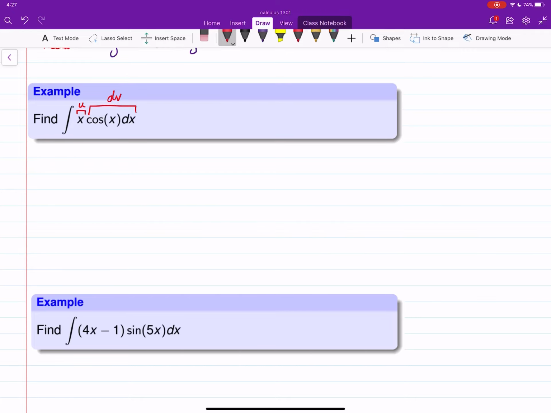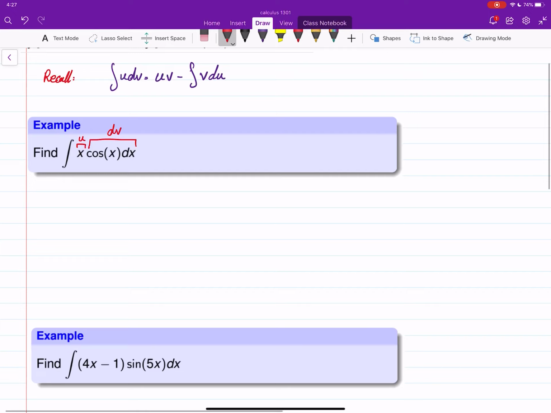One reason for that is that if you look at the right hand side of this integration by parts formula, we are going to use derivative of u. So if the derivative of u gets simpler function, that is a sign that we are choosing right u.